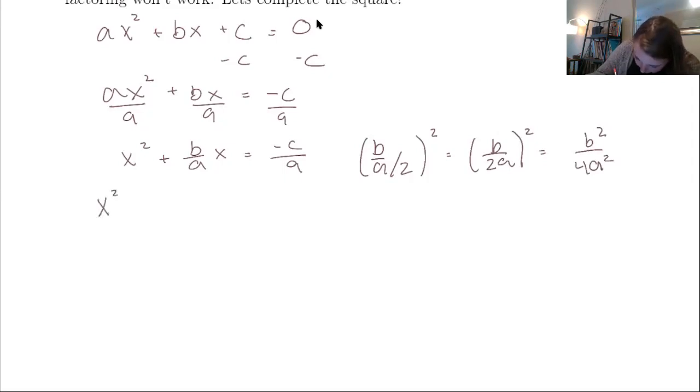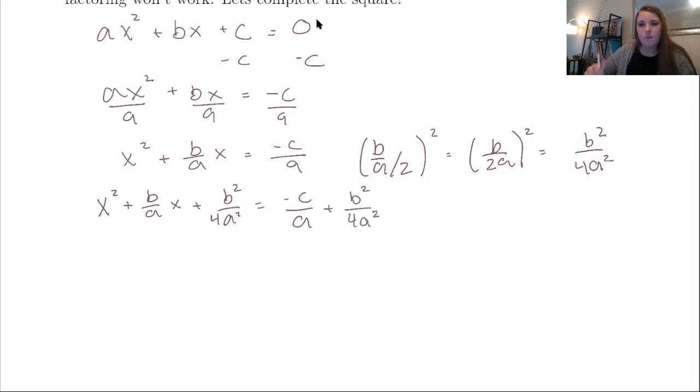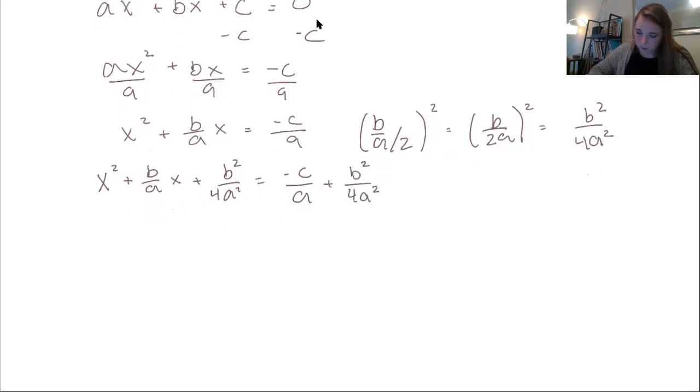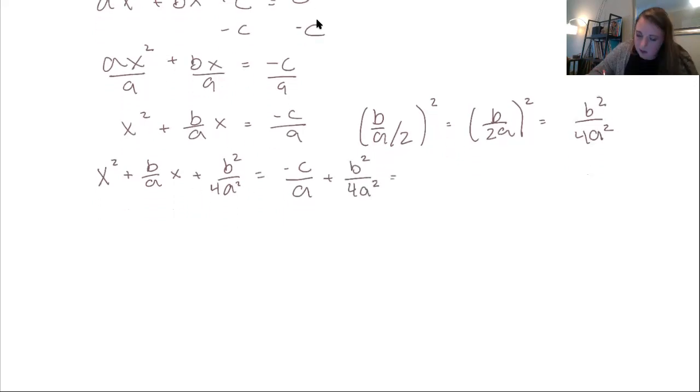All right. So I'm going to add that to both sides. So I have x squared plus b over a x plus b squared over 4a squared equals minus c over a plus b squared over 4a squared. Okay. Let's help ourselves out and condense these two fractions together.